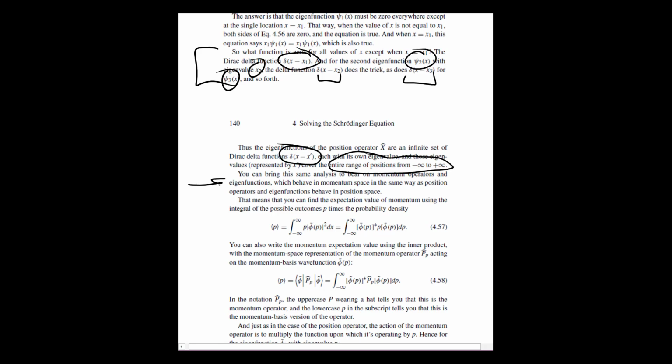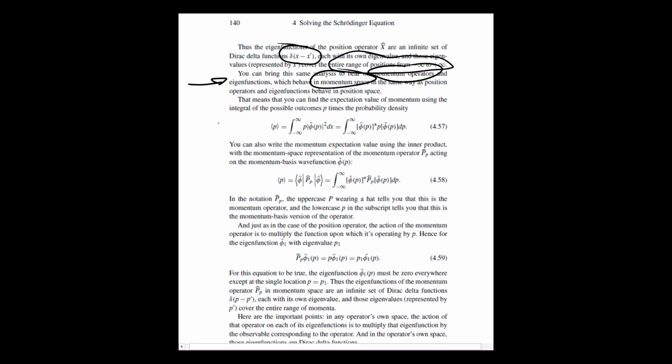By the way, this also works for momentum operators and their eigenfunctions in momentum space. So you can go through the same kind of analysis and say the expectation value of momentum is p multiplied by the probability, which is phi tilde of p squared, the momentum basis wave function. And we can write that out just like we did for the position case.